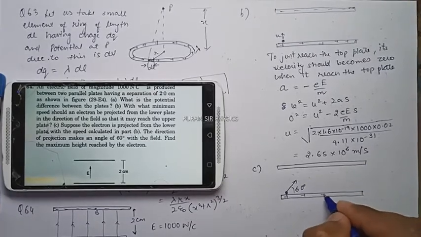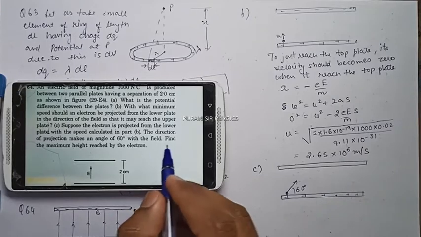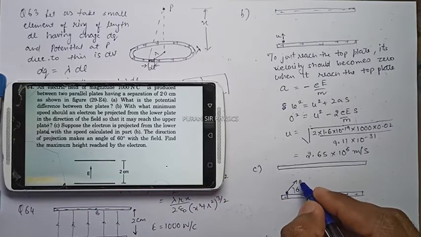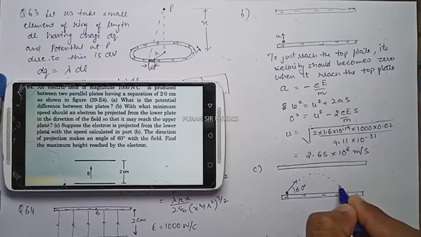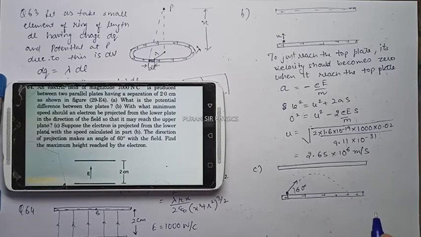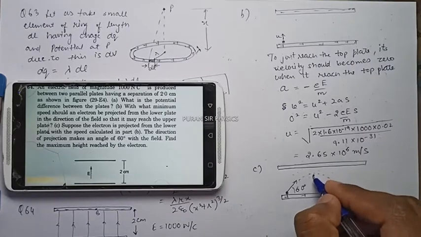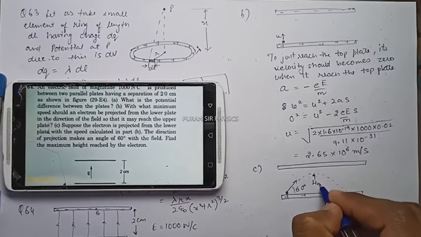So now we have to find the maximum height attained. Obviously in this case it will go in a parabolic path because the motion is under a constant acceleration, and so this is your h max that we have to find.